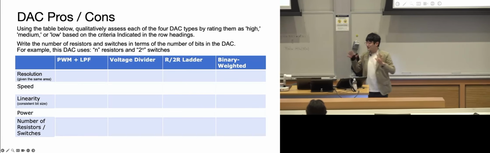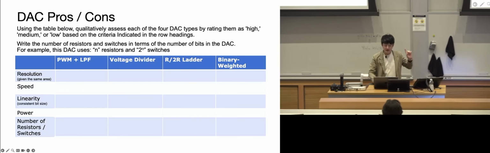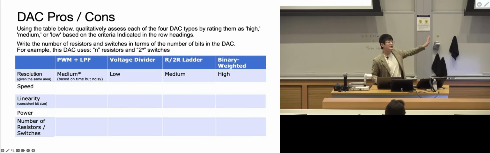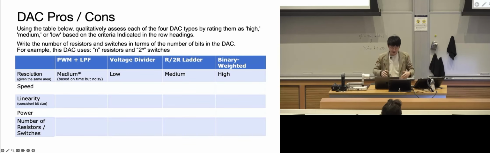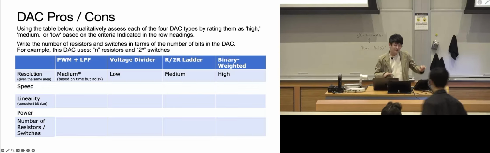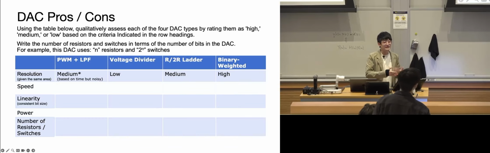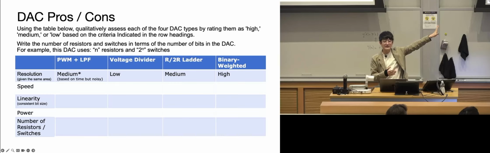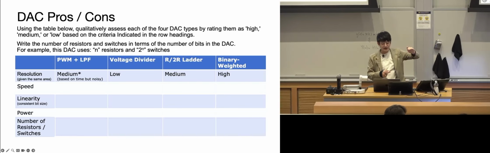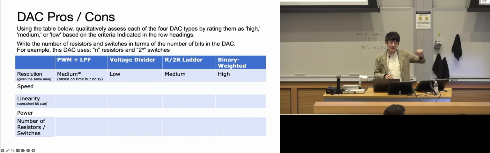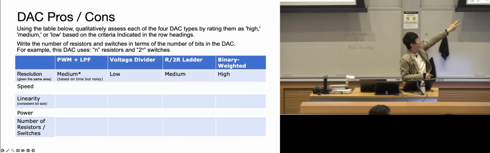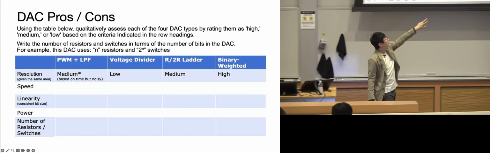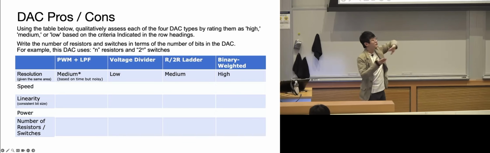Yeah, I think so, except for the PWM. We labeled the PWM as median, but with a star because it's based on time, not based on area. So it's hard to really give it an accurate ranking here. But on these three, the latter two are going to be much closer.